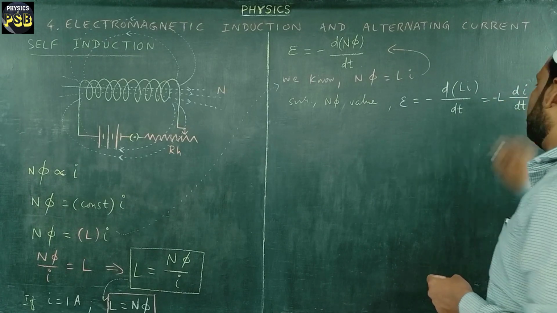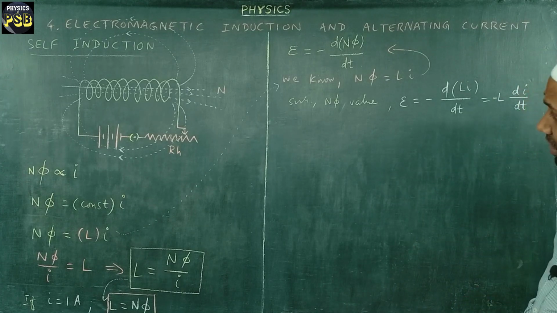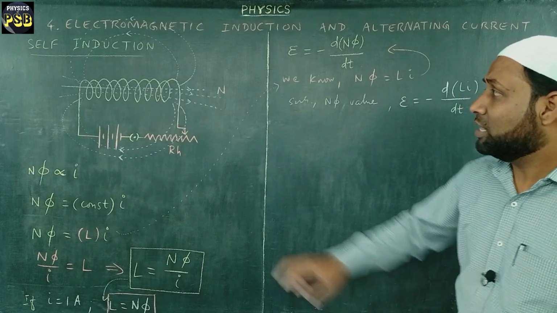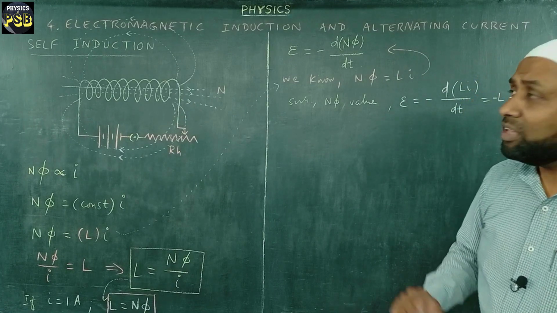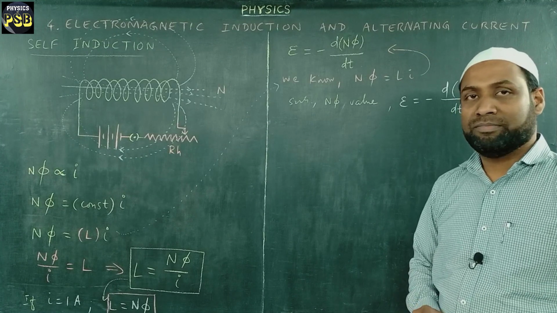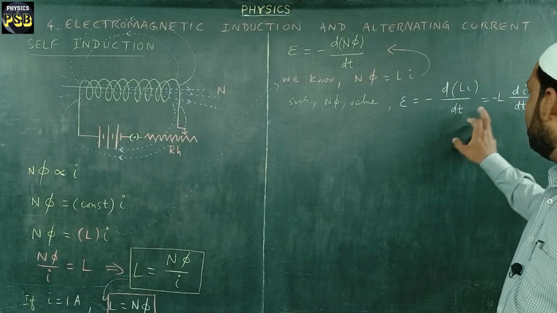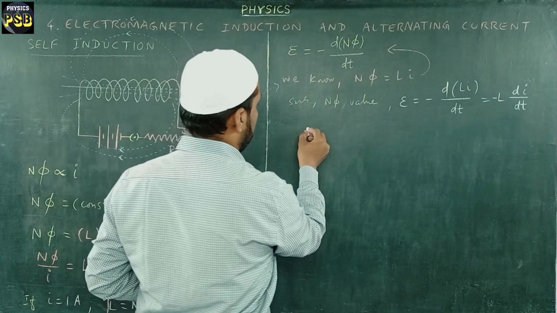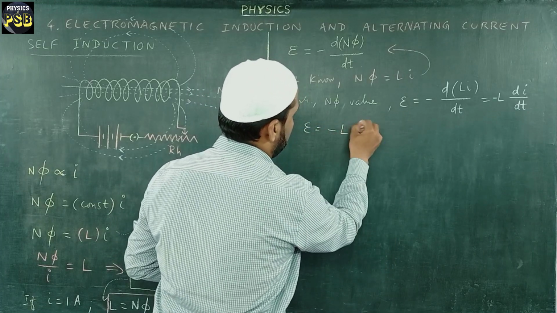This is what we obtain. Here, what does this minus sign represent? This minus sign shows that the EMF induced in the coil due to the change in the current always flows in a direction to oppose the cause. Clear? So we have a minus sign here.